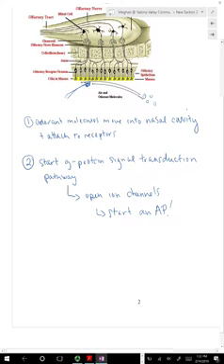So back to the basics here. We're still on this first neuron. Our neuron has sent an action potential into the olfactory bulb.